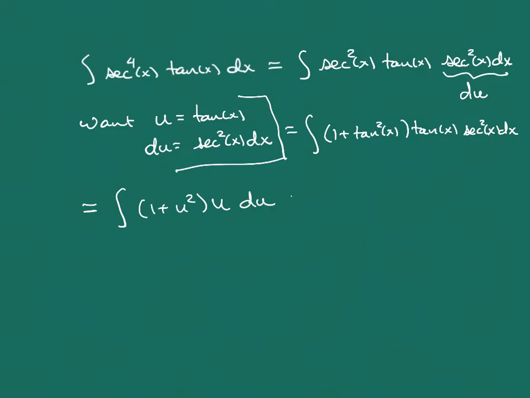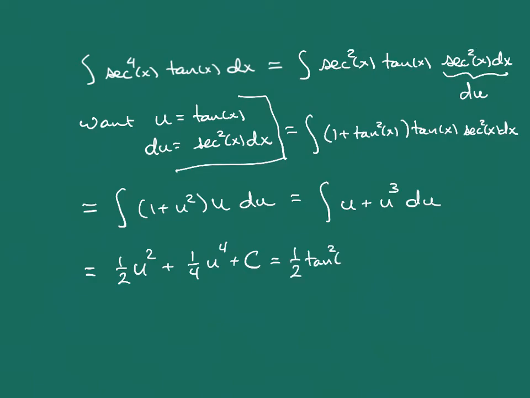So we end up with just this polynomial, u plus u cubed du, which we can integrate as 1/2 u squared plus 1/4 u to the 4th plus C. Coming back to our variable x, that gives us 1/2 tangent squared plus 1/4 tangent to the 4th plus our arbitrary constant.